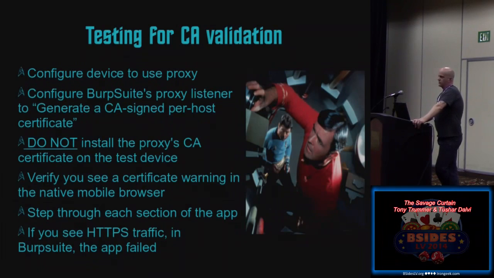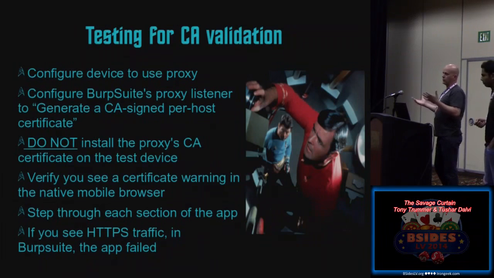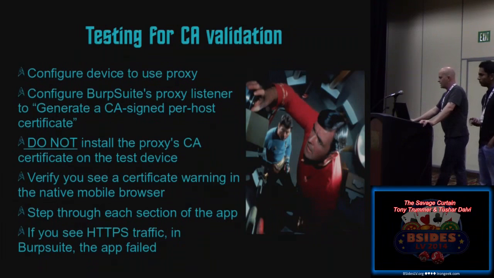So you basically just configure your device to proxy through it and step through it. If you see SSL traffic, there's a problem, right? That's provided you did not install the Portswigger CA certificate on the device first. And if you have, either way you want to double check that you see a cert warning if you visit an SSL protected site in the native browser, just to make sure it would throw up a warning if something was wrong, right?